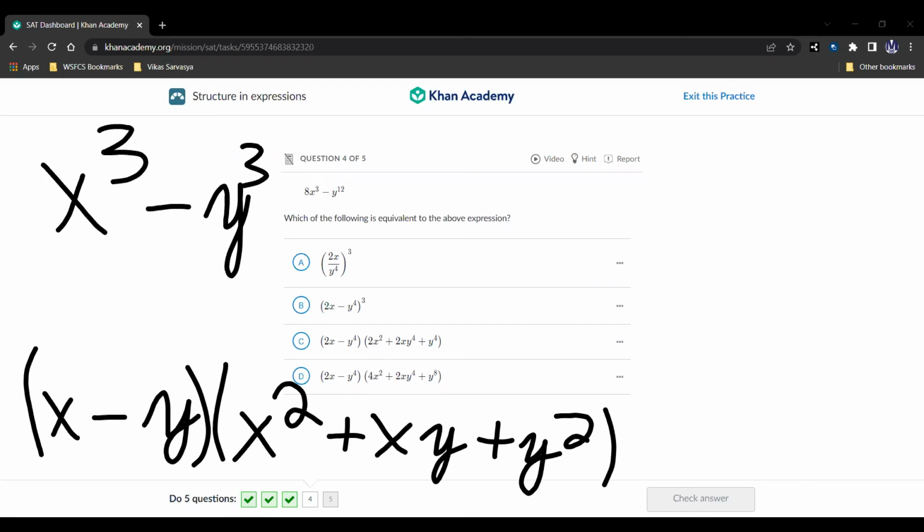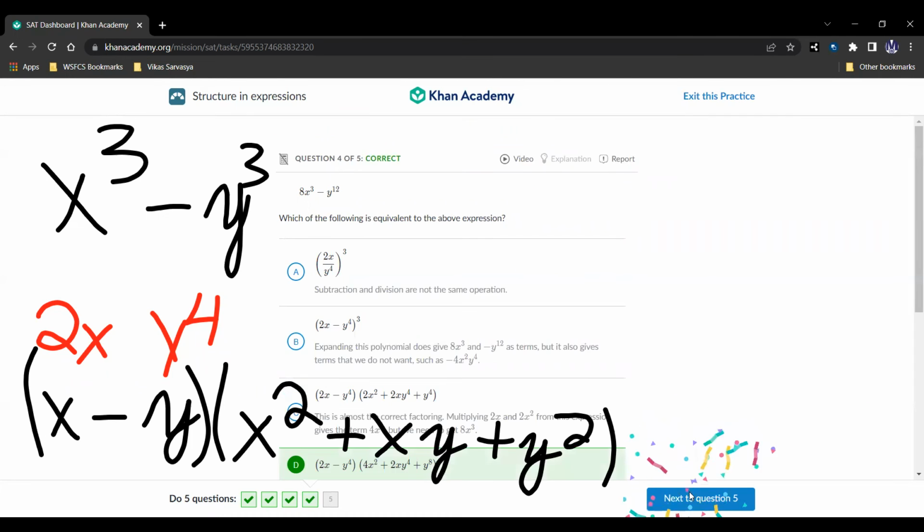So instead of x, we have 2x. And for the y, we take the cube root of y to the 12th, so we get y to the 4th. So it's going to be 2x minus y to the 4th times 4x squared plus 2xy to the 4th plus y to the 8th power, which is going to be choice D.